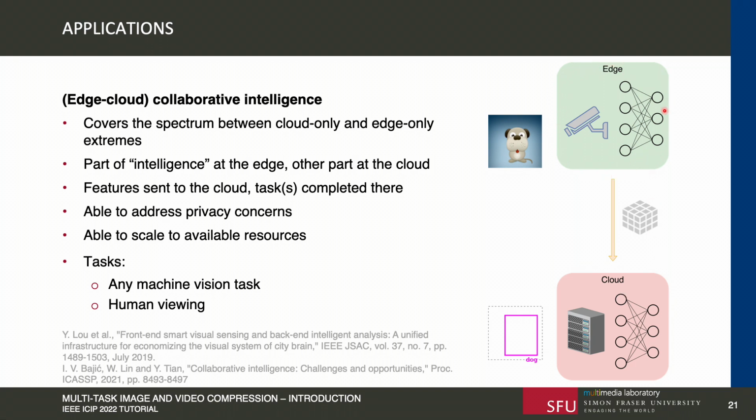A simpler device would implement simpler processing, and a more advanced device could implement a more sophisticated processing at the edge. The tasks that fit into this framework are almost any computer vision task, and depending on the application, human viewing may also be required, and so this also calls for a multitask compression.